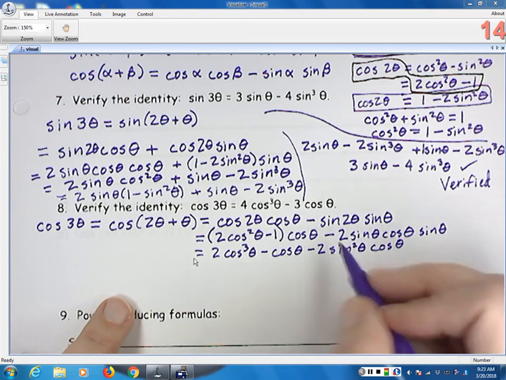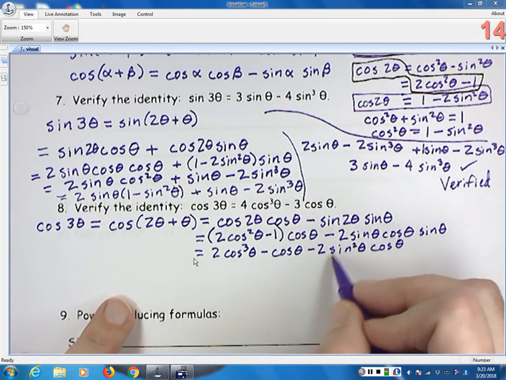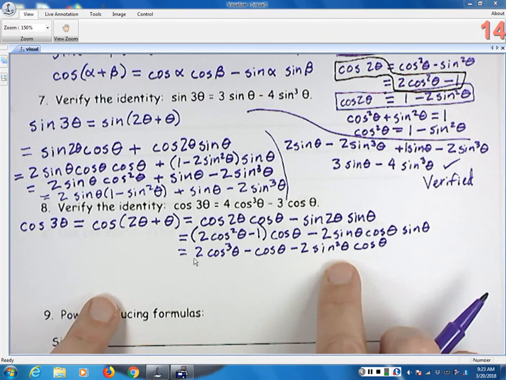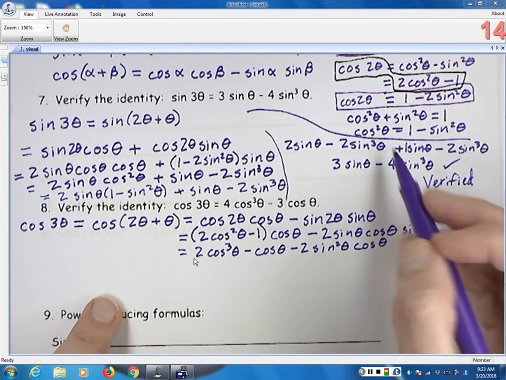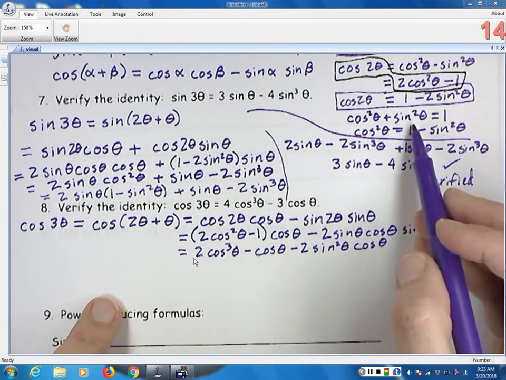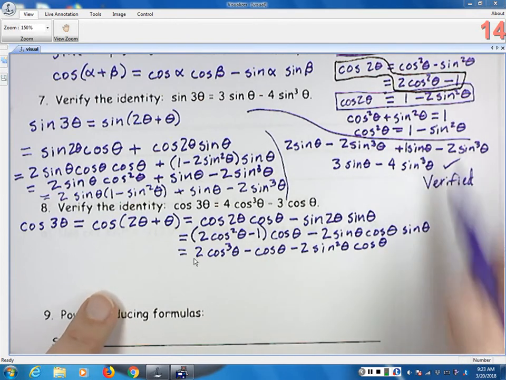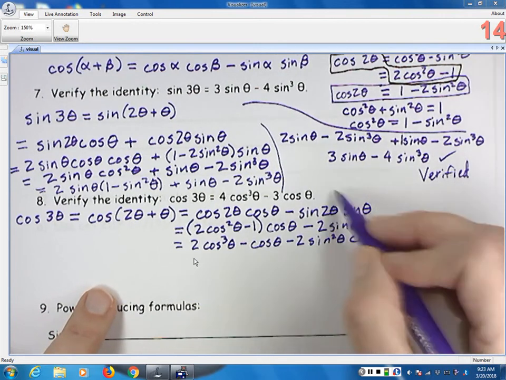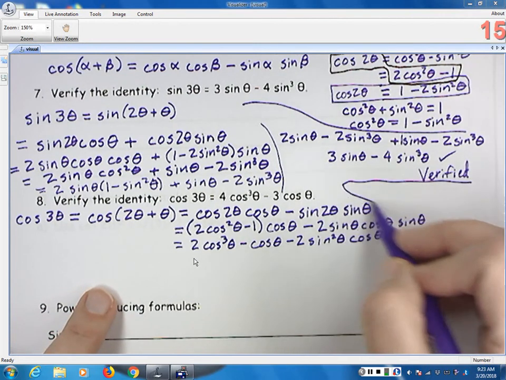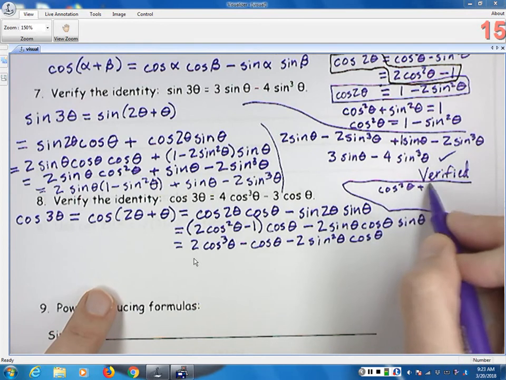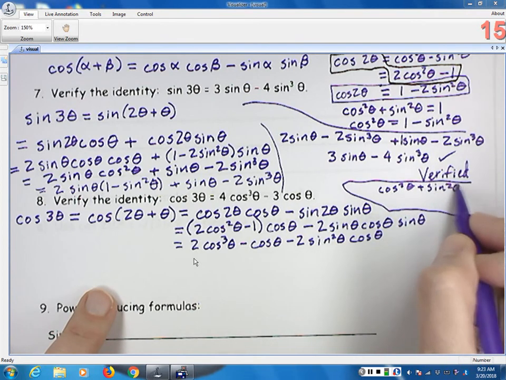Now we want to replace sine squared theta with something in terms of cosine. So we take this identity up here, cosine squared theta plus sine squared theta equals 1. I'll write it over here: cosine squared theta plus sine squared theta equals 1.